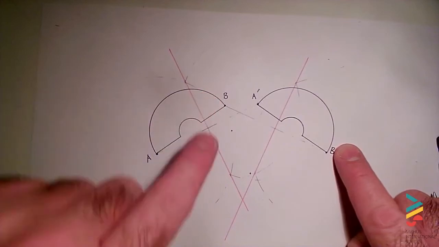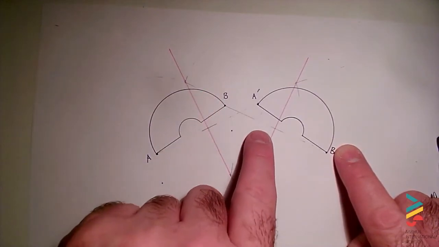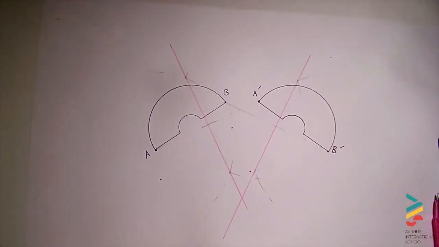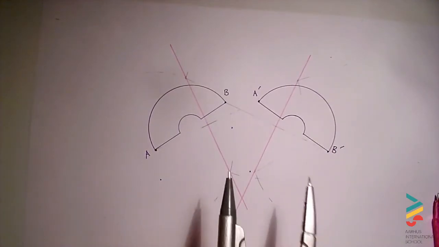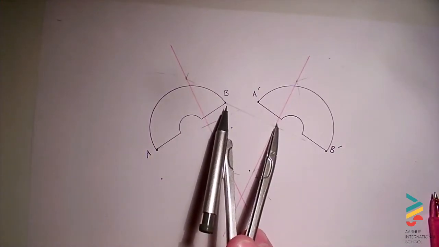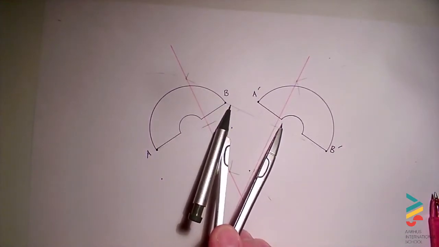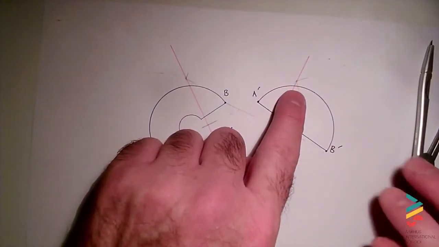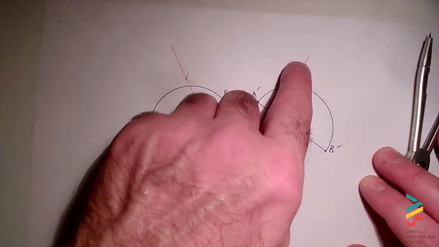So this red line is always the same distance from B as it is from B dash if we walk along there. So because it's the same distance from B and B dash all the time, and because when we rotated the shape we were the same distance from the center of rotation to B as we were to B dash, that means the center of rotation must be somewhere on this line.